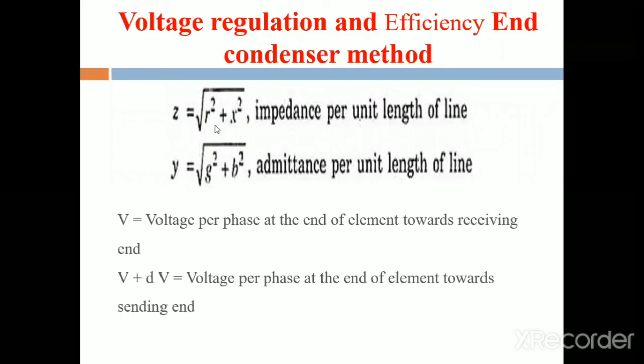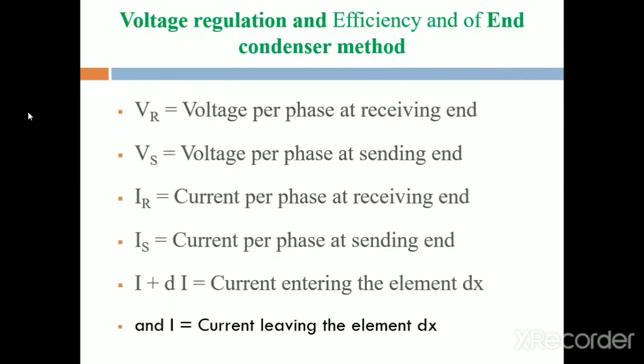Therefore, Z is equal to the square root of R square plus X square, the impedance per unit length of the line. Y is the square root of G square plus B square, the admittance per unit length of the line. V is the voltage per phase at the end of the element towards the receiving end. V plus dV is the voltage per phase at the end of the element.